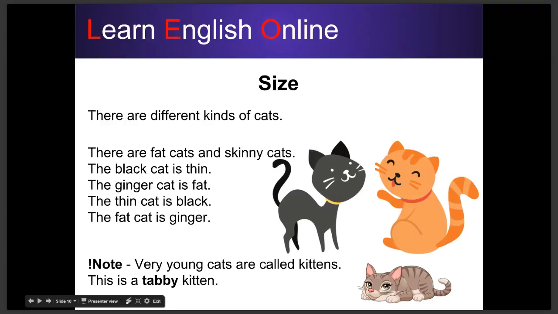Very young cats are called kittens. So this is a tabby kitten. Tabby because he's stripy and brown. And you can use colours to describe parts of animals. So this cat has a black nose. This cat has a pink nose.